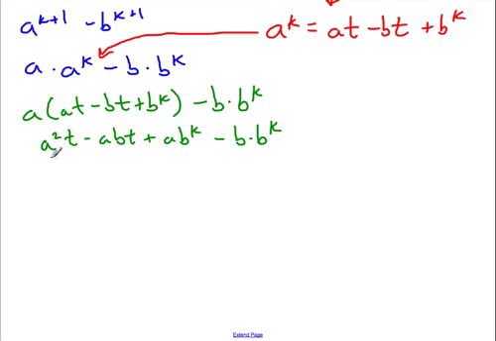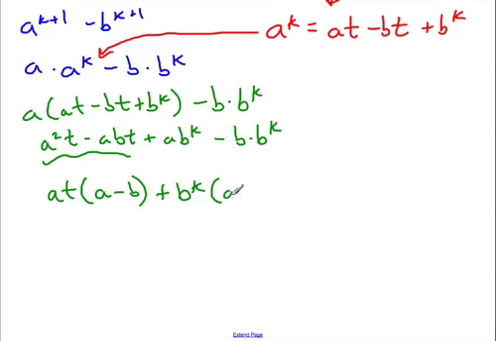And we can factor here by grouping. So the first two terms we can factor out at. So I have at times a minus b plus b to the power of k times a minus b. So that's going to be equal to at plus b to the power of k times a minus b.